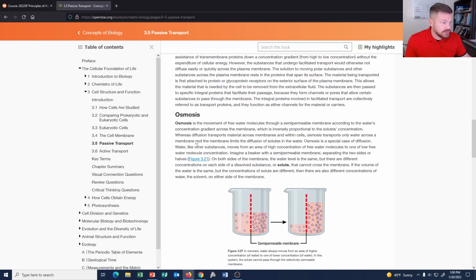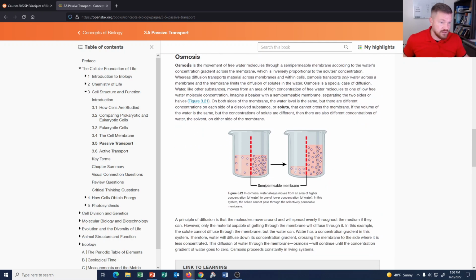So then if we look at osmosis, the difference between diffusion and osmosis is like the difference between saying dogs and beagles. All beagles are dogs, but all dogs aren't beagles. Osmosis is just a specific type of diffusion.